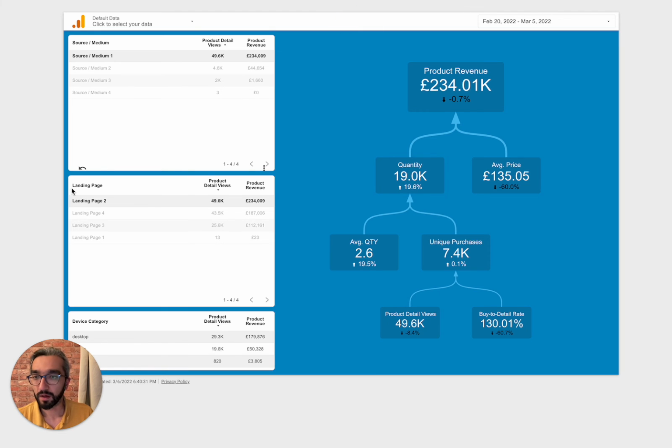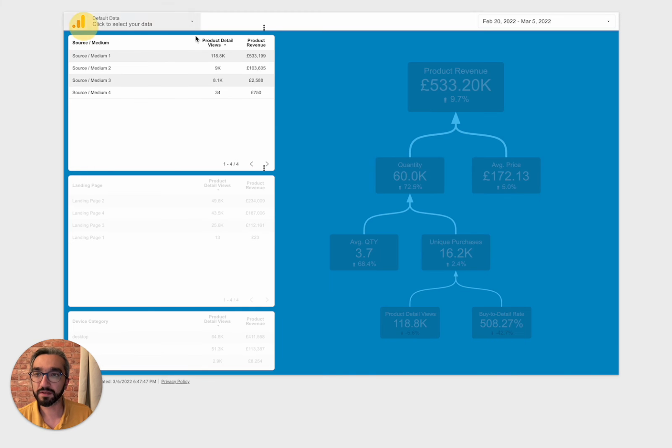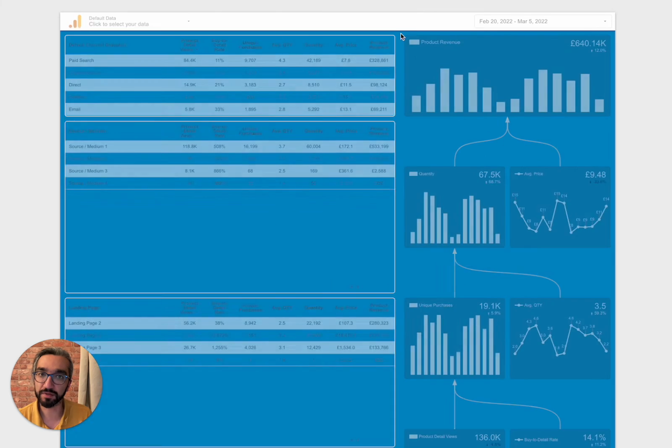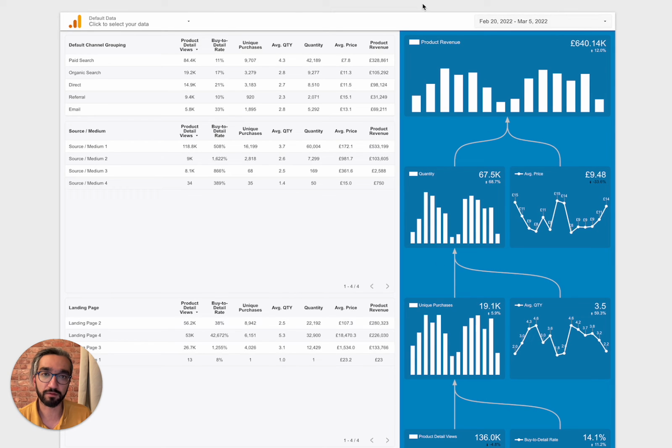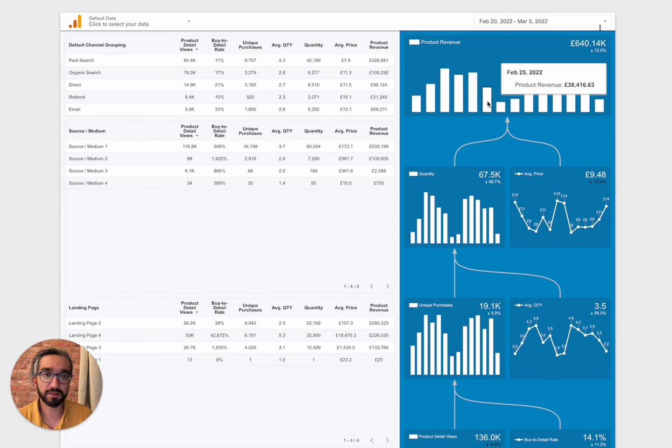So I click here and click here, and this is a simple version of the KPI tree. But if you want to see more details, we have another page, which is the detailed KPI tree or detailed drivers. We have the same KPIs and same visualization here, but we have more columns in the table.